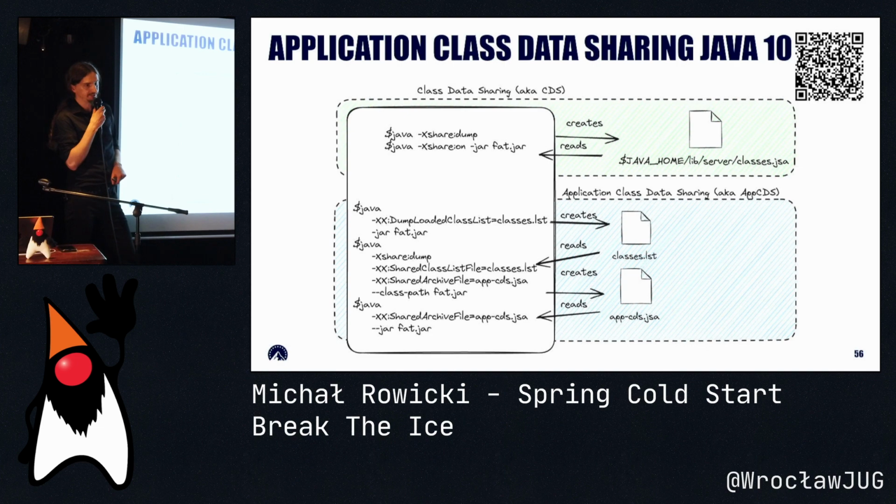With Java 10, it was extended to allow creating archives with class metadata for our own classes. But it was very troublesome. We had to first create the list of all classes, and after that, we had to reuse it in another run of the JVM to create our application CDS.